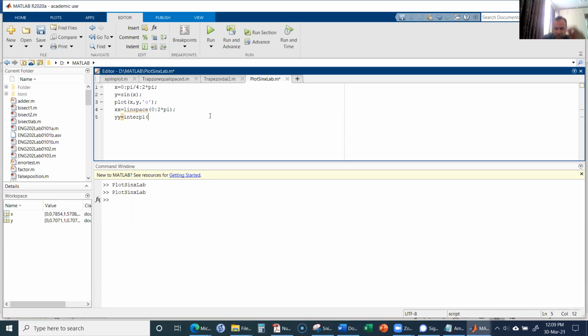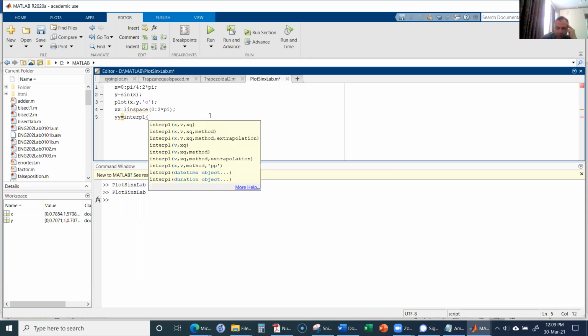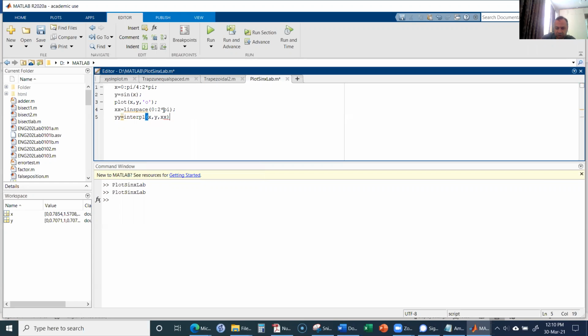Then I will enter for interp1 the x range values, these x values, and the y range values, these y values. And I want these values to be interpolated for these new xx values. Then I close it, and in this way I will get these values.